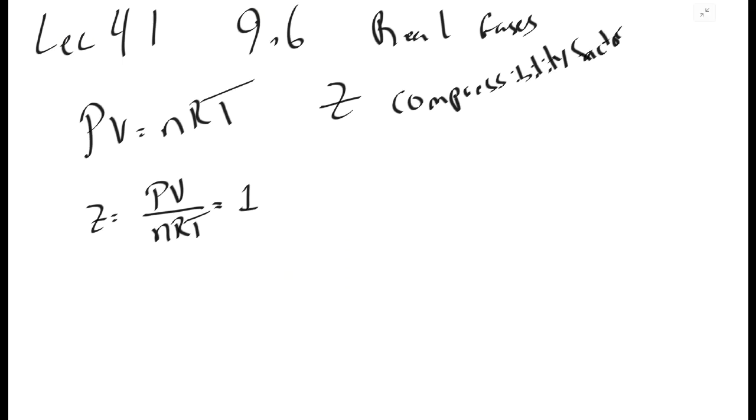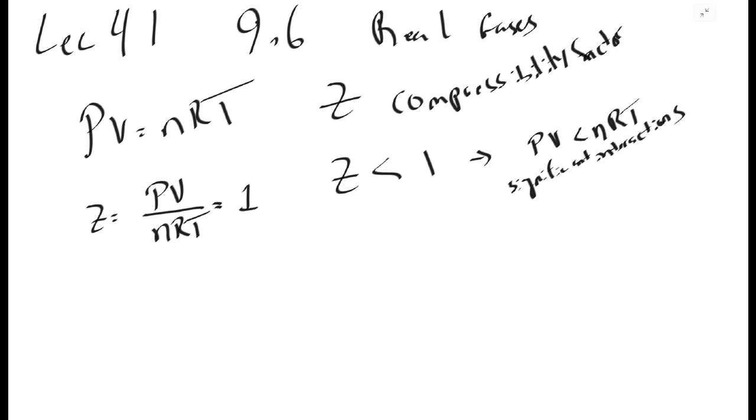If Z is less than 1, then PV is less than nRT. What that means is that you have significant interactions. What I mean by that is that the particles are not ignoring each other.